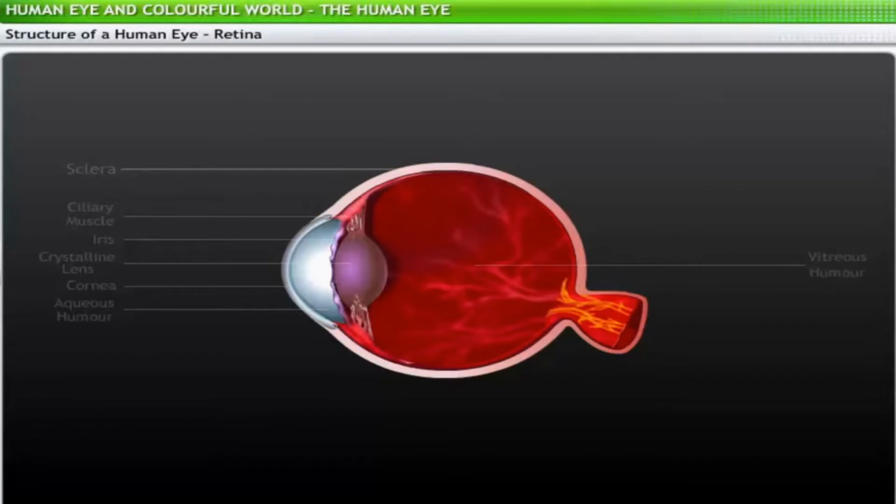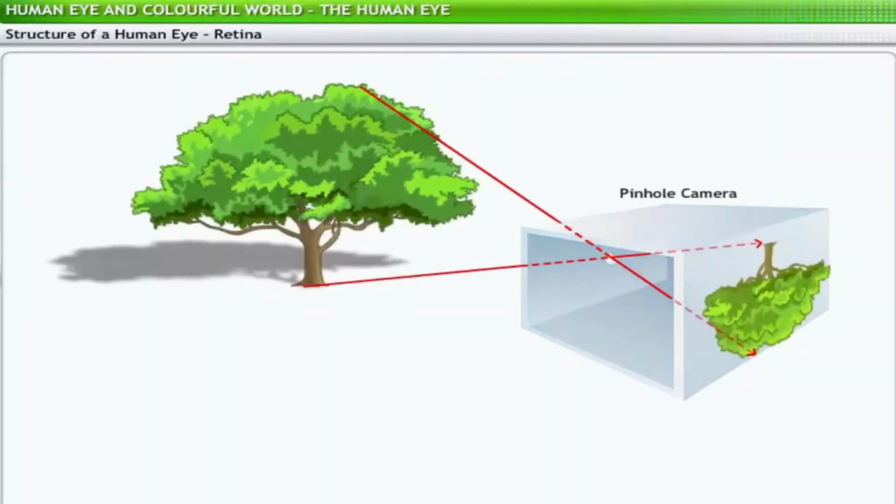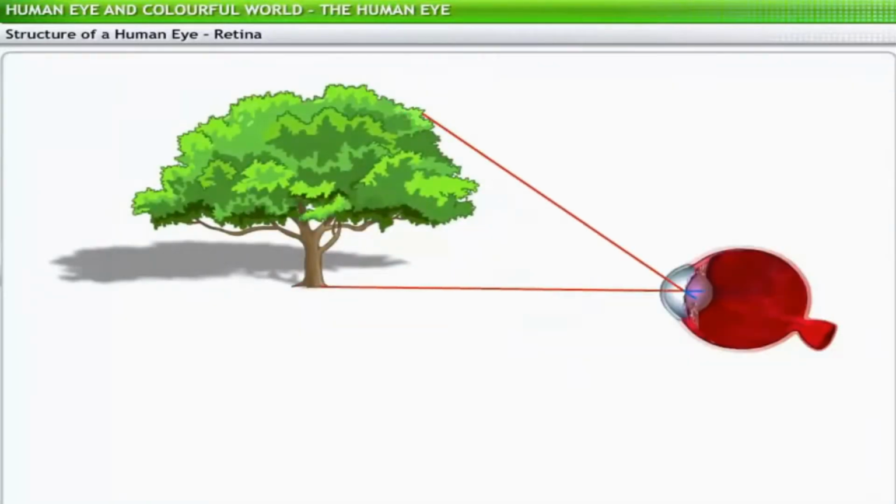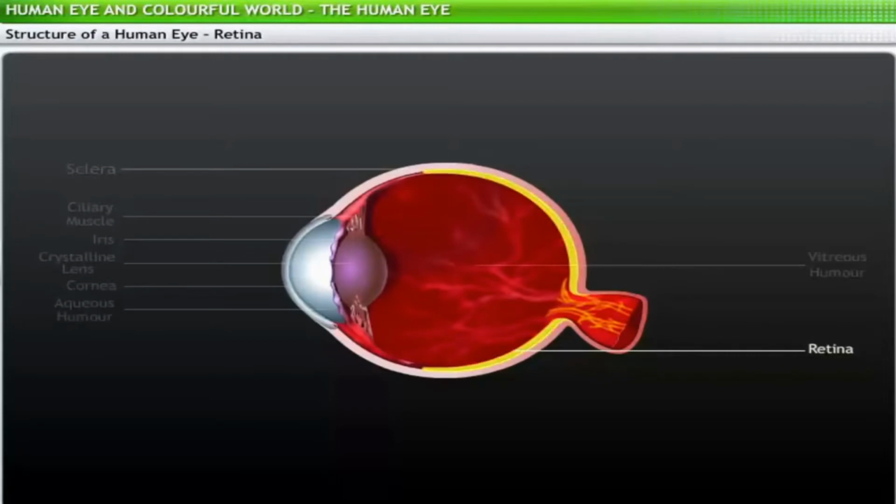The innermost part of the eye is called the retina. The retina may be considered as the screen where an image is formed when light passes into the eye. The retina is spread all through the interior of the eye behind the lens, forming a canopy of the nerve endings of the optical nerves.